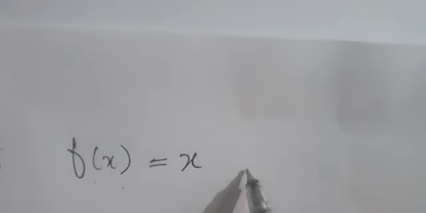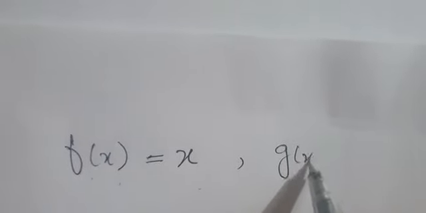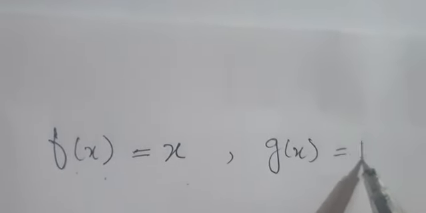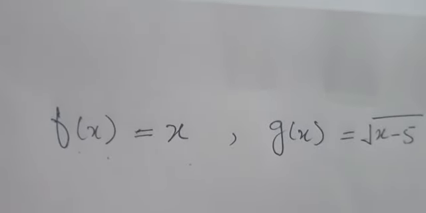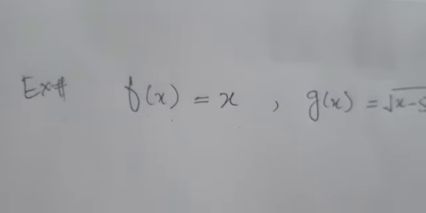Let us take x, a very simple function. So let's say we have f of x is x and g of x is equal to the square root of x minus 5. Let us say we have these functions.